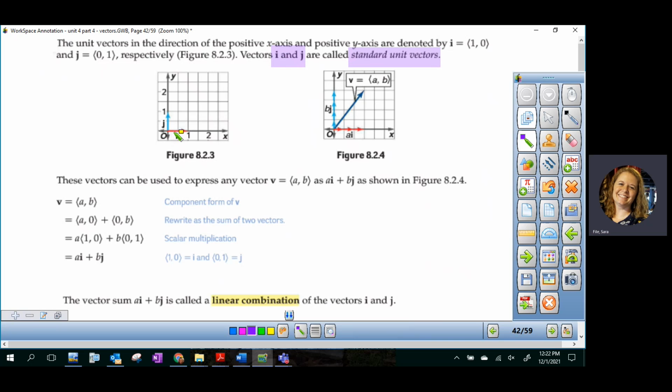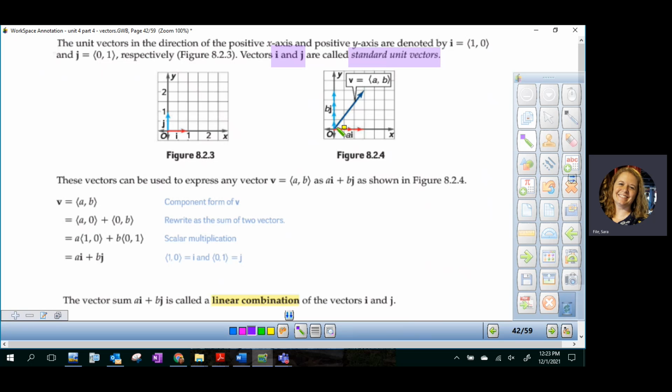So I is the horizontal standard unit vector, and J is the vertical standard unit vector. Okay, any vector that you have, so in this picture here, vector V, which in component form we're calling AB, you could rewrite this as a linear combination of I and J.